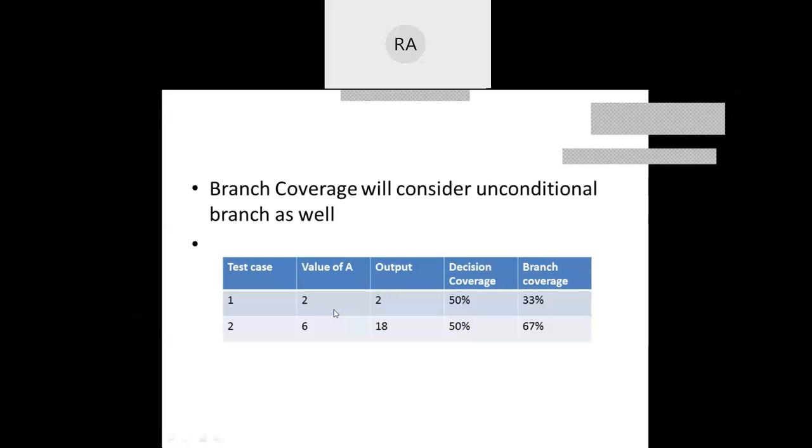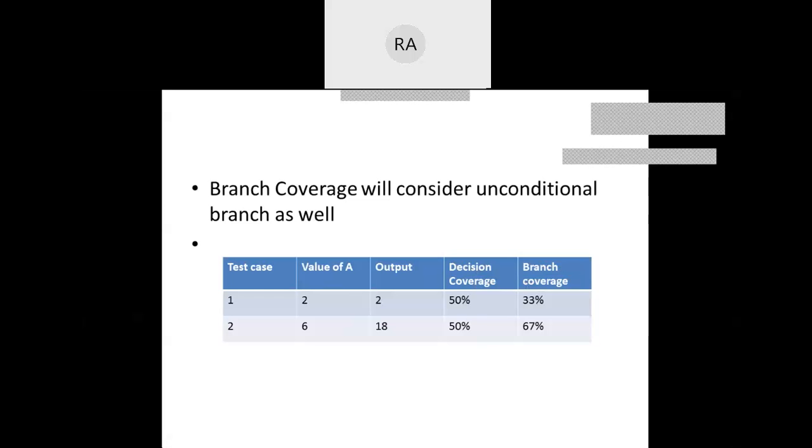With the above example, we computed decision coverage as well as branch coverage. As you have seen, decision coverage remains 50% only, because the formula for decision coverage is number of outcomes exercised divided by total number of possible outcomes for a particular Boolean expression.